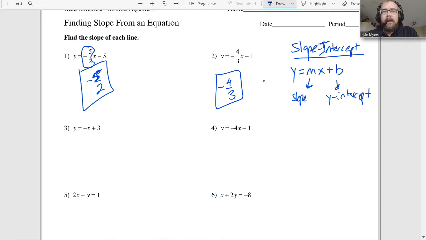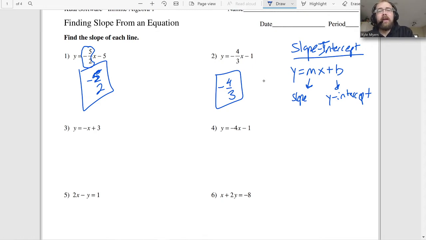If you don't see a number in front of a letter, then that's got to be a 1. However, if we're looking for the y-intercept and you don't see one, that would be a 0, because the y-intercept is added to the x. So that one would be a 0.